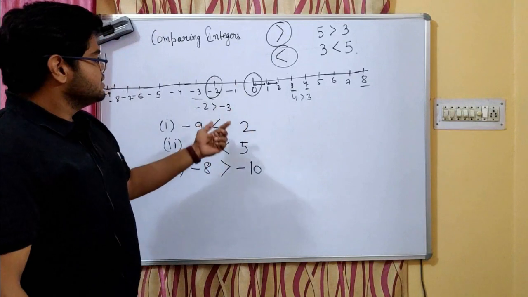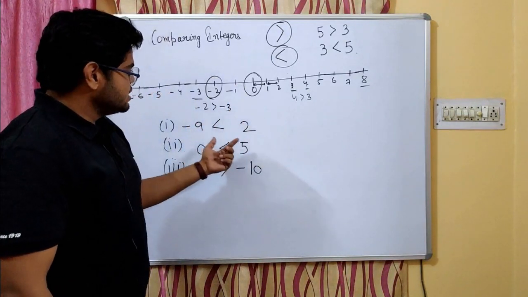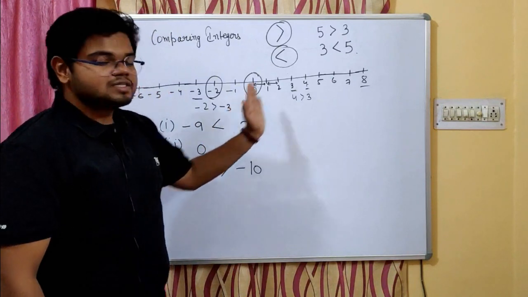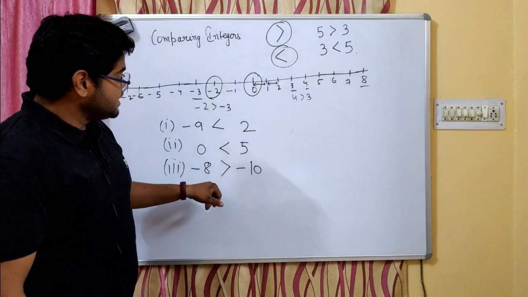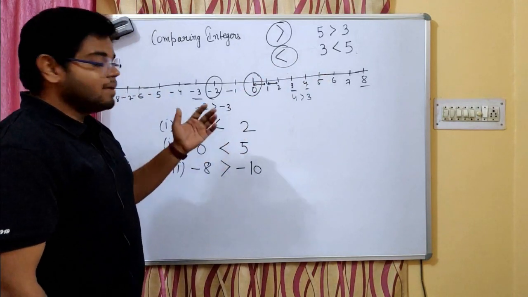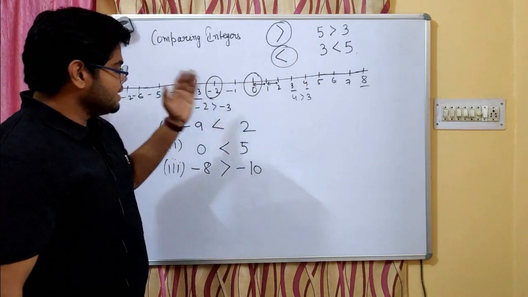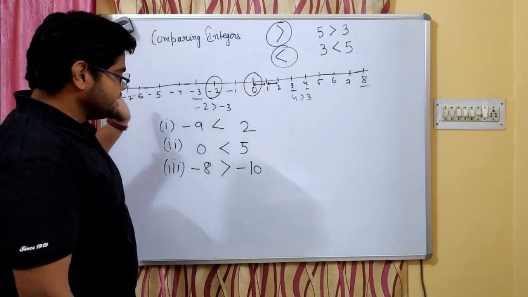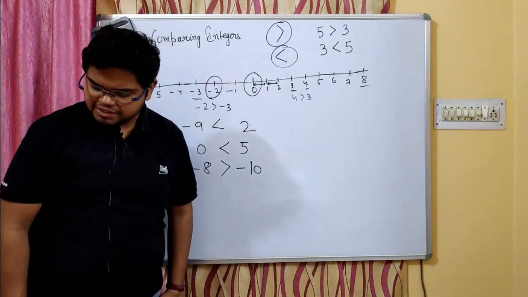For 0 and 5, 5 is towards the right of 0, so 0 is lesser than 5. Here -8 and -10, -8 will be towards the right side, and -10 will be towards the left side. So -8 is greater than -10, children.